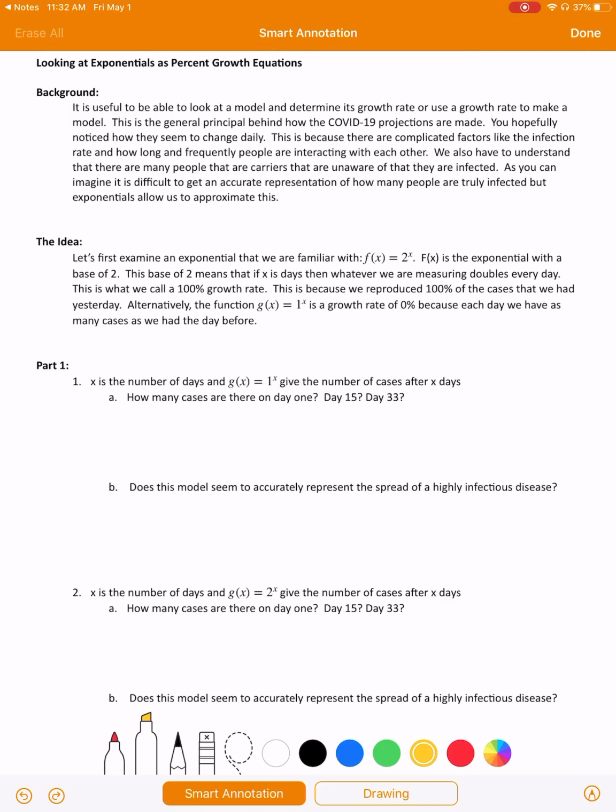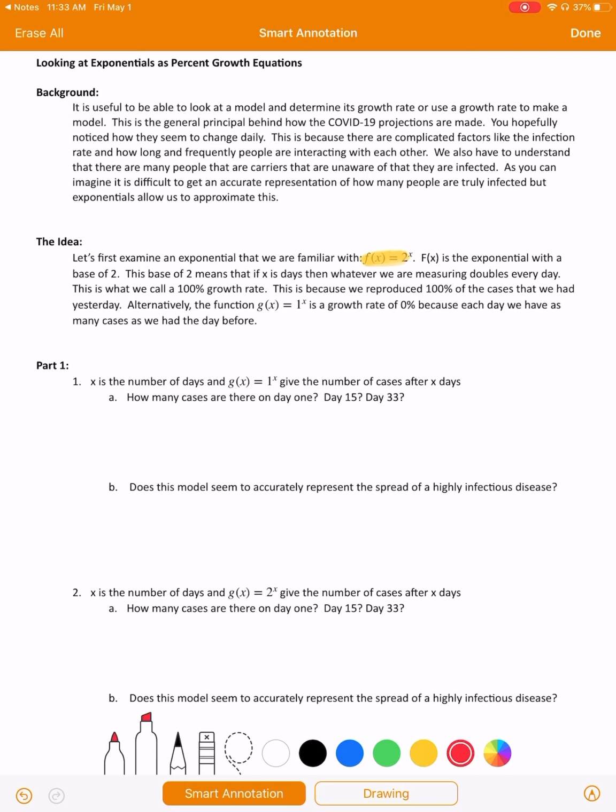So the idea here is that taking an exponential, remember the general formula is a b to the x, we can take that and modify it to think about it in terms of percent growth. So basically, if I'm looking at f of x equals 2 to the x here, that is 100% growth rate, right?